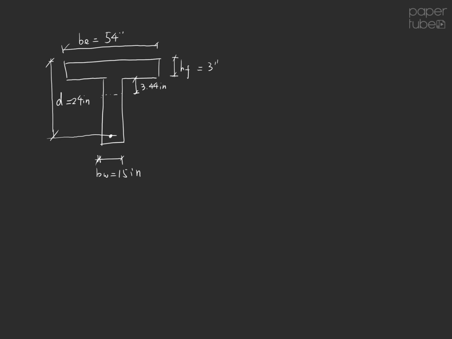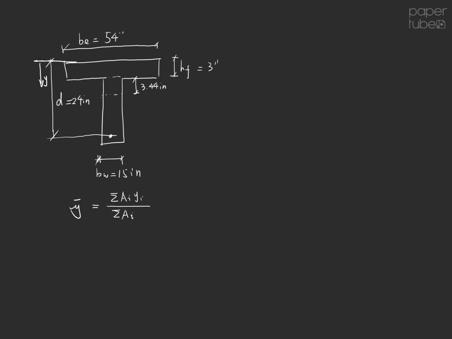Therefore, we first need to find out what is the y bar. I'm going to use my reference x as the top of the T-beam, going downward as my y. Therefore, my y bar is going to be the summation of Ai yi divided by the summation of Ai.